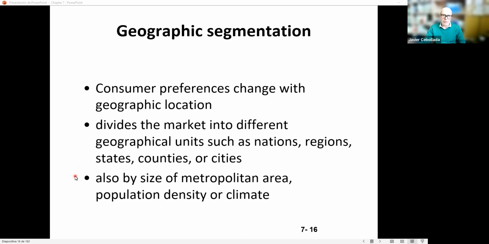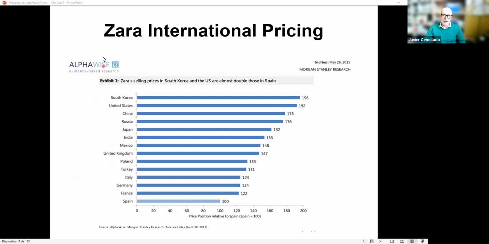So all related to geography. We have here an example. Zara, for example, has different price levels for different countries, the least expensive being Spain. So this is a clear example of how Zara prices geographically.